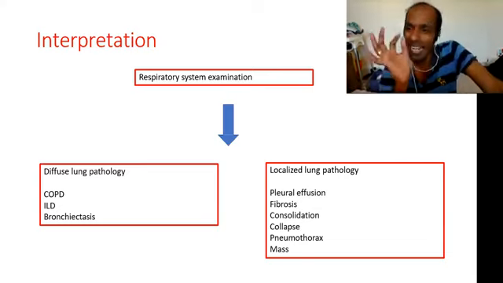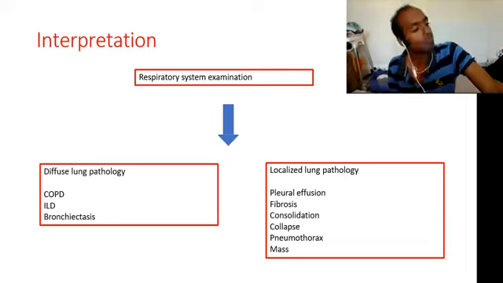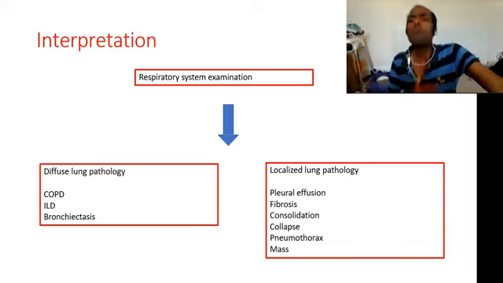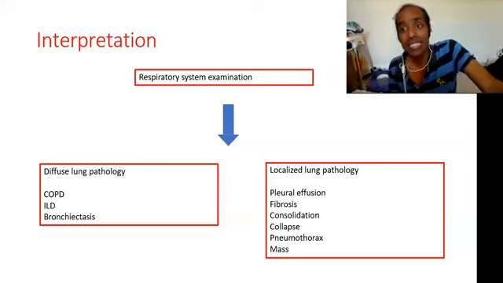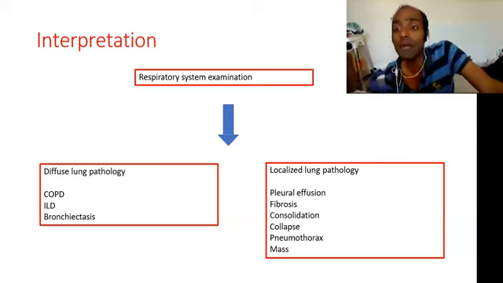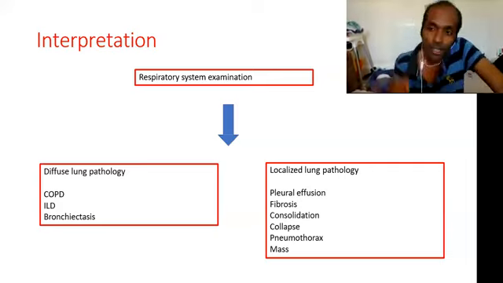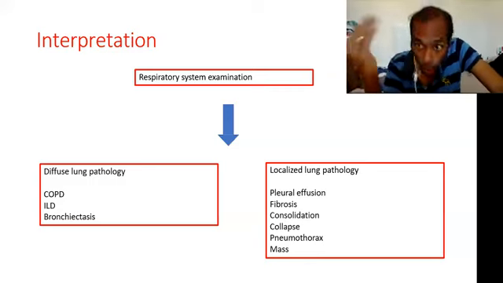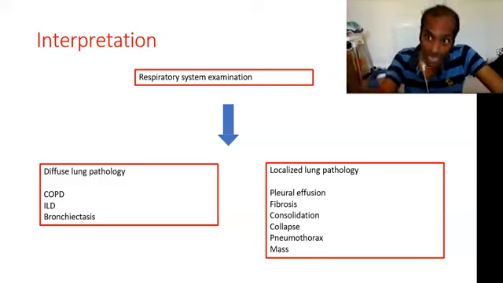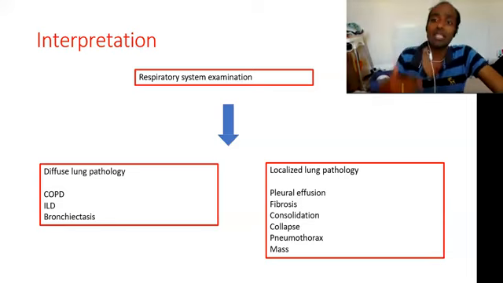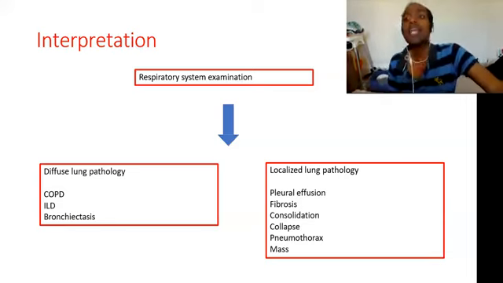Interstitial lung disease, the key feature is clubbing. And if you remember your modules, you will remember that interstitial lung disease is especially seen in people with connective tissue diseases. And you recently had your module exam, right? In that you might remember patients with rheumatoid arthritis, systemic sclerosis, and SLE have interstitial lung disease.